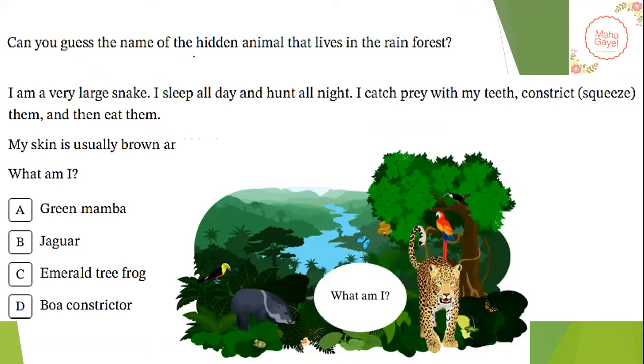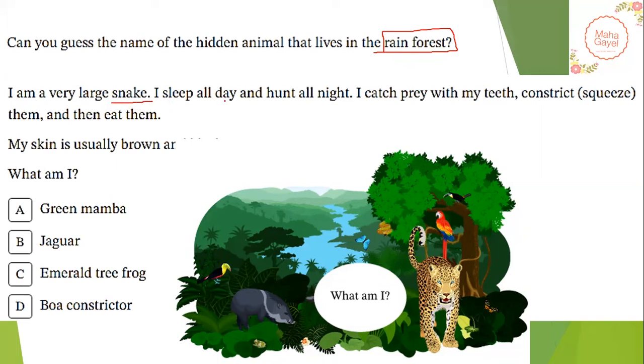Okay, let's come to this question. Can you guess the name of the hidden animal that lives in the rainforest? So concentrate. This is their habitat. And now we are going to guess what this animal is. This animal is going to tell us some information about himself. This animal said: I am a very large snake. So it's a sort of snake.